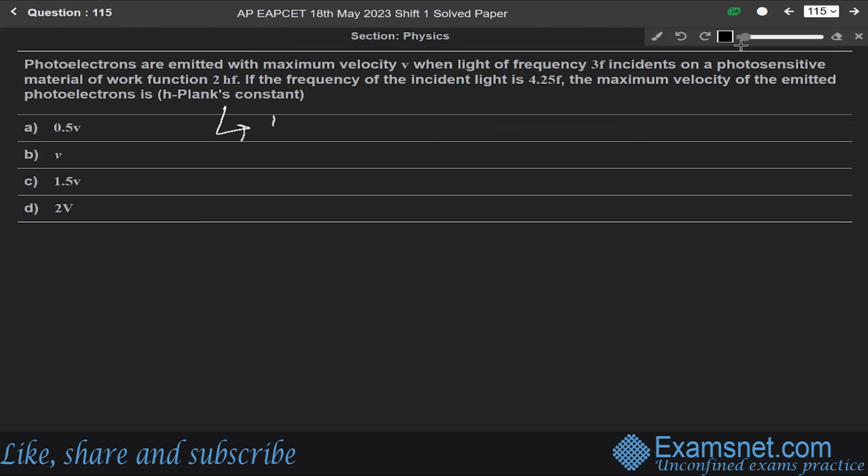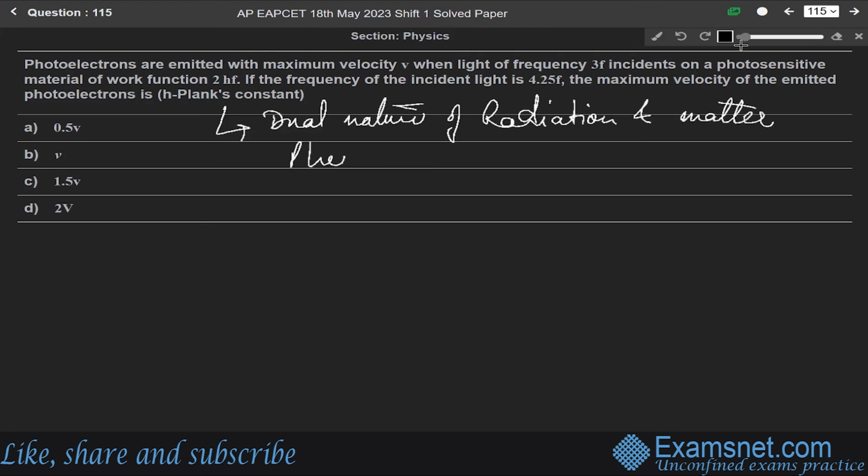So this question is from the chapter of dual nature of radiation and matter, okay? Now the question is about the phenomenon, and that phenomenon is the photoelectric effect, okay?